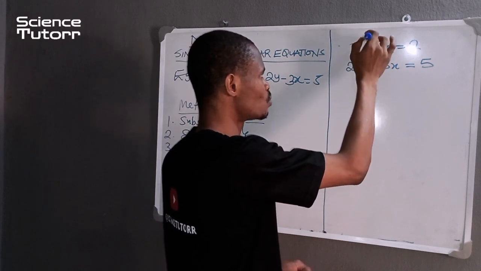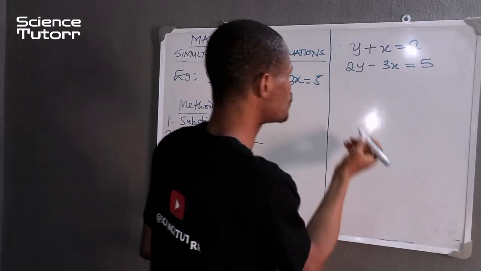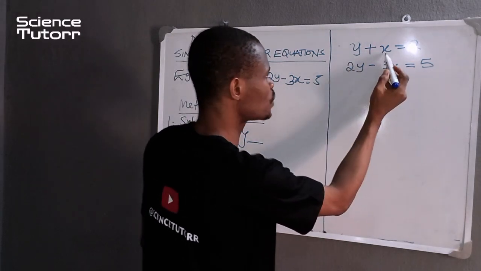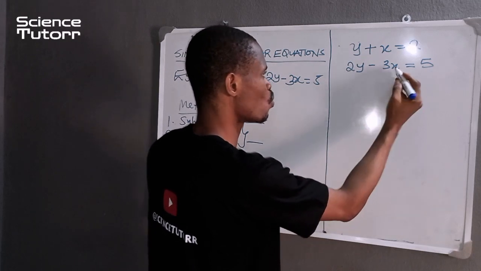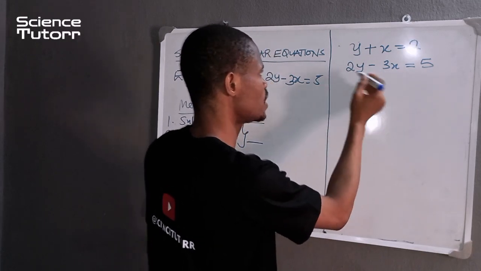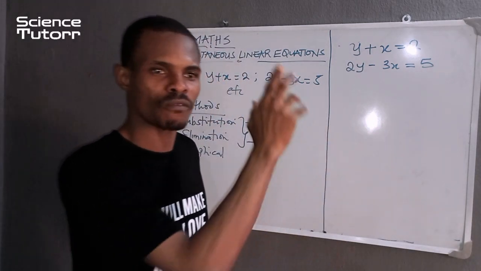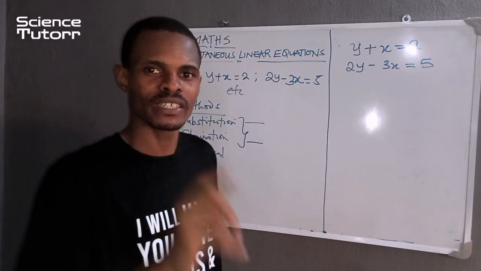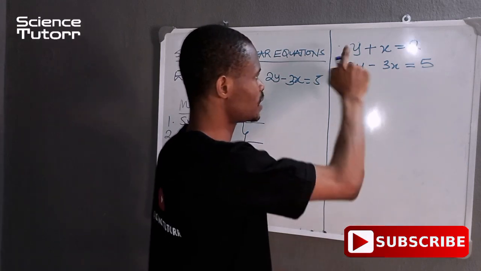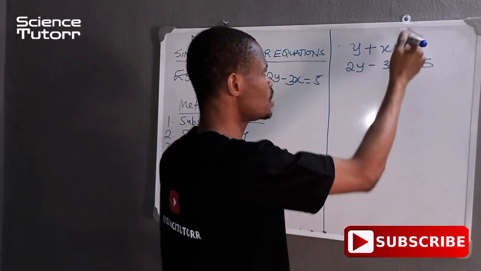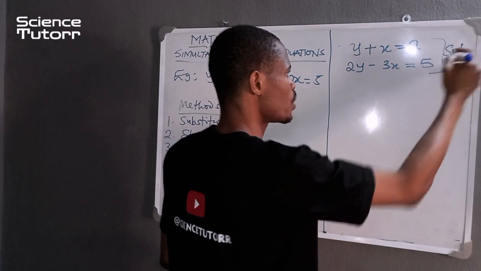In this case, y is raised to power 1, x is also raised to power 1. The coefficient of y is 1, the coefficient of x is 1. In the second equation, the coefficient of y is 2, while the coefficient of x is minus 3. Now, you use substitution method when the coefficient of either x or y in one of the equations is unity. In this case, it is unity, so it is easier for me to use substitution method.